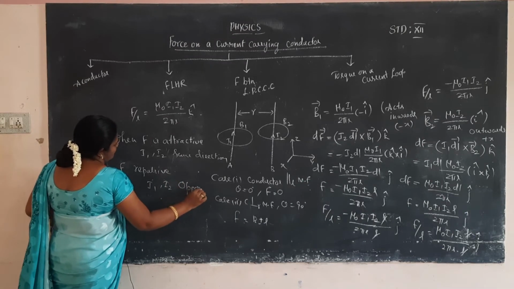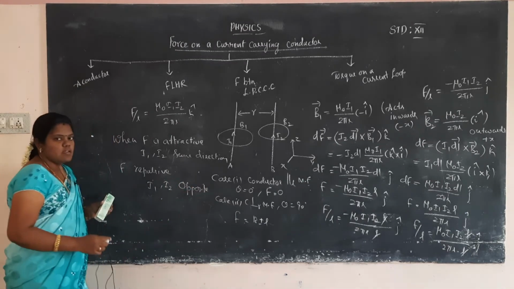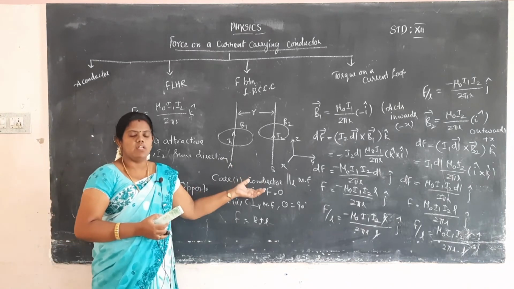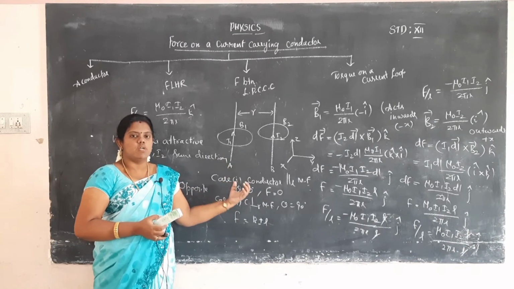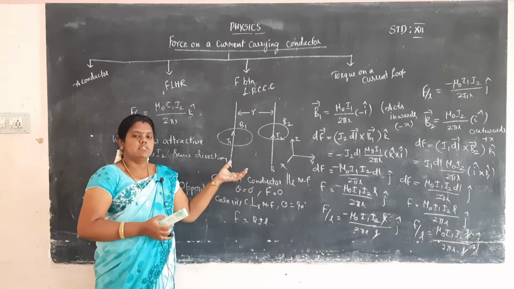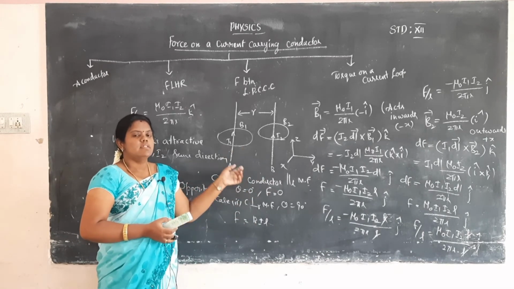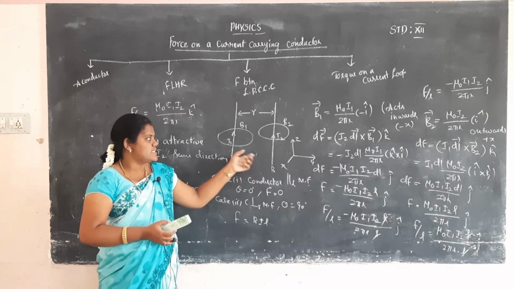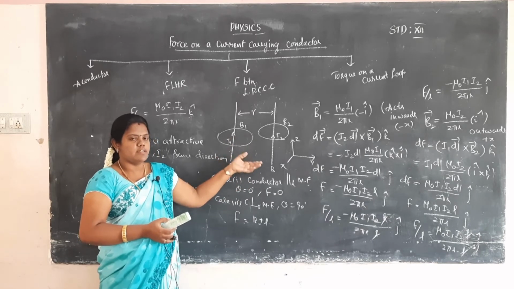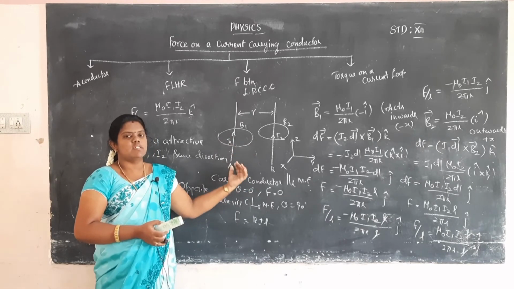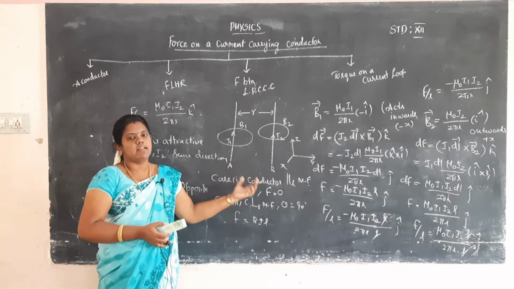So when the current flows in the same direction, the force between the two conductors is attractive. But when the currents in the first and second conductors are opposite to one another, the force between the two conductors is repulsive.